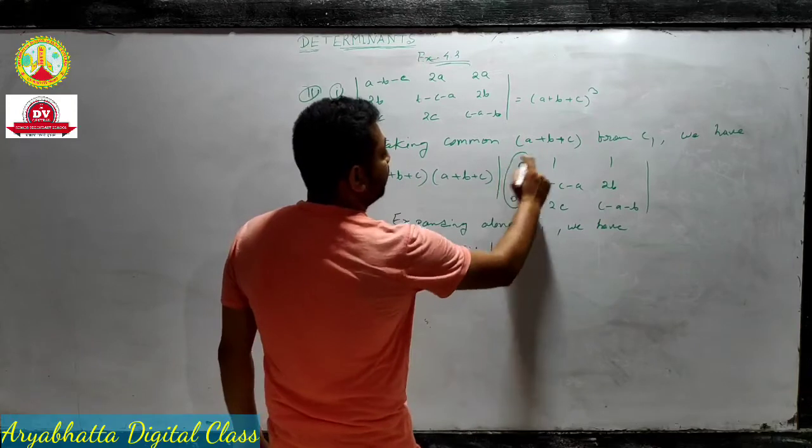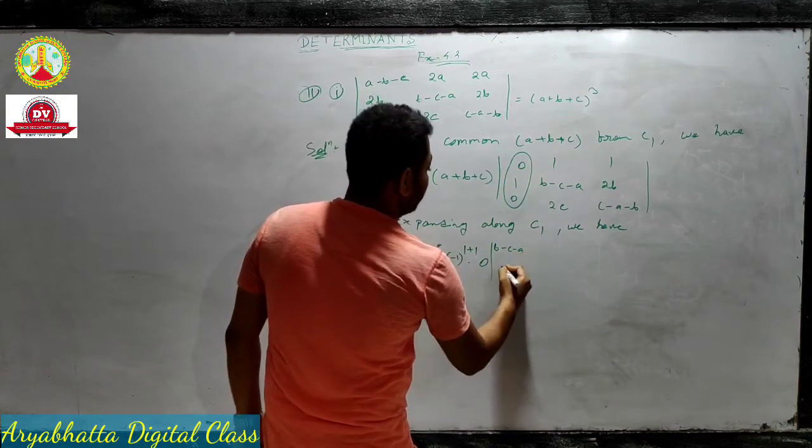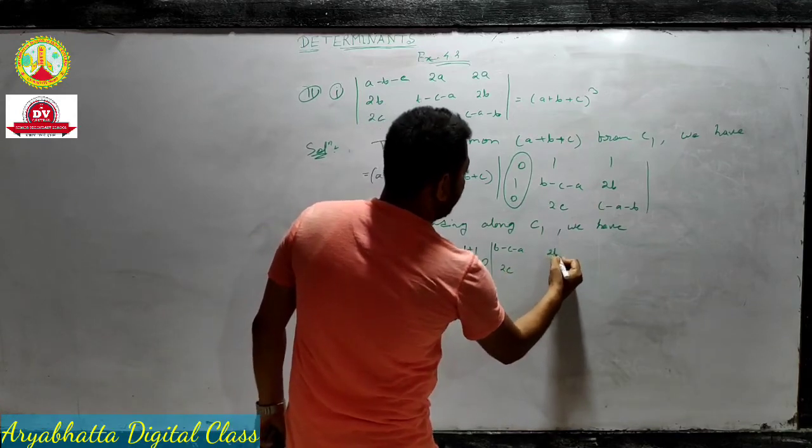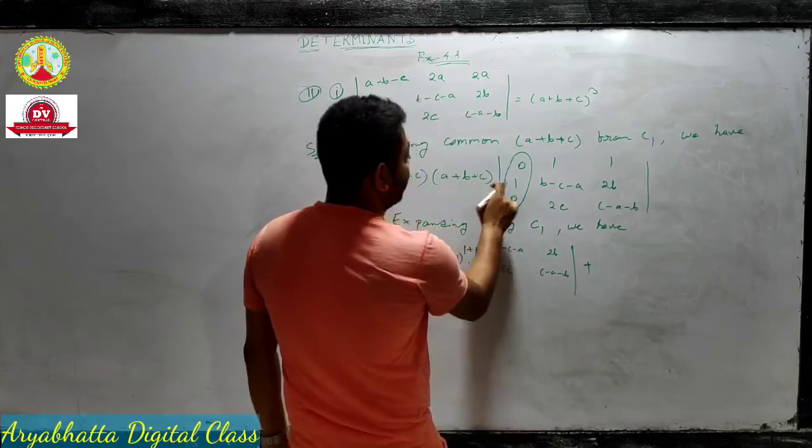Next determinant, deleting this row and this column, we have b − c − a, 2c, 2b, c − a − b.